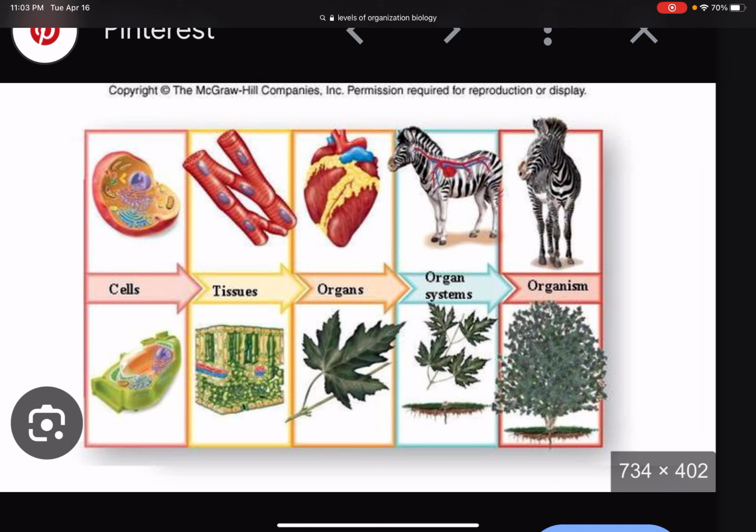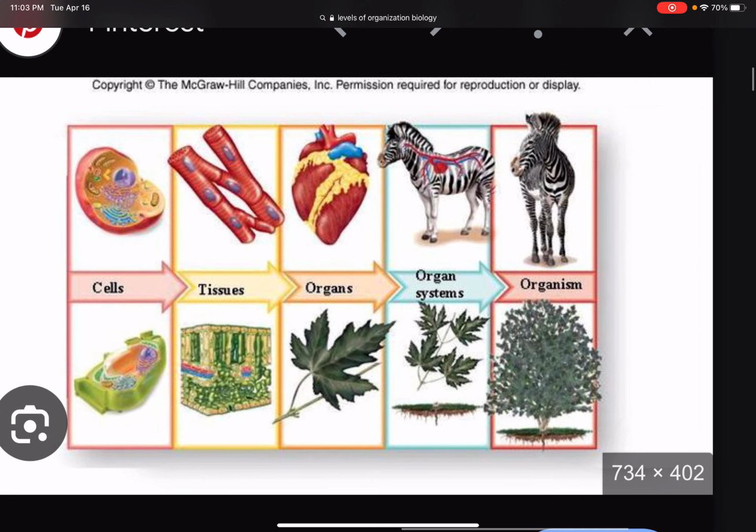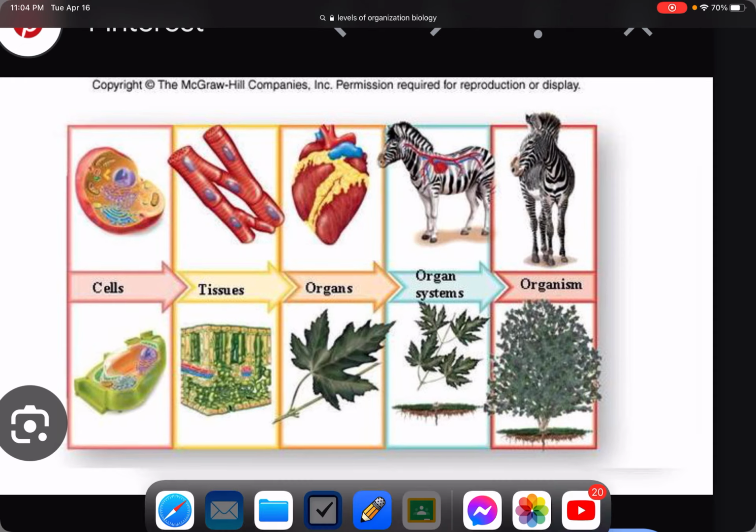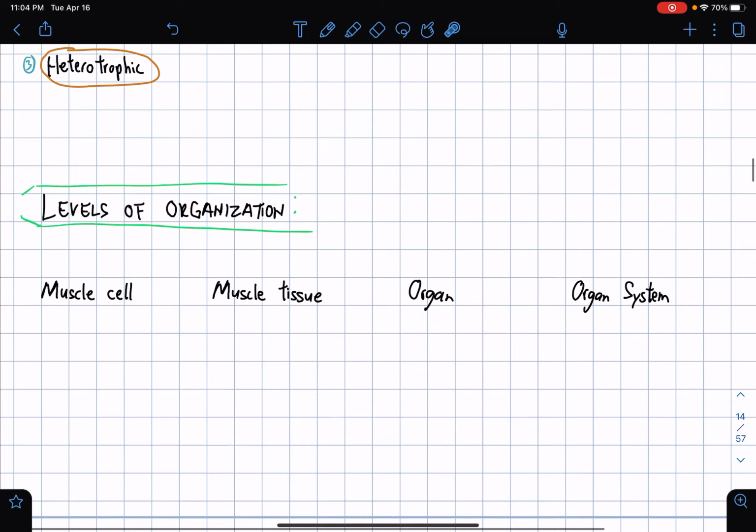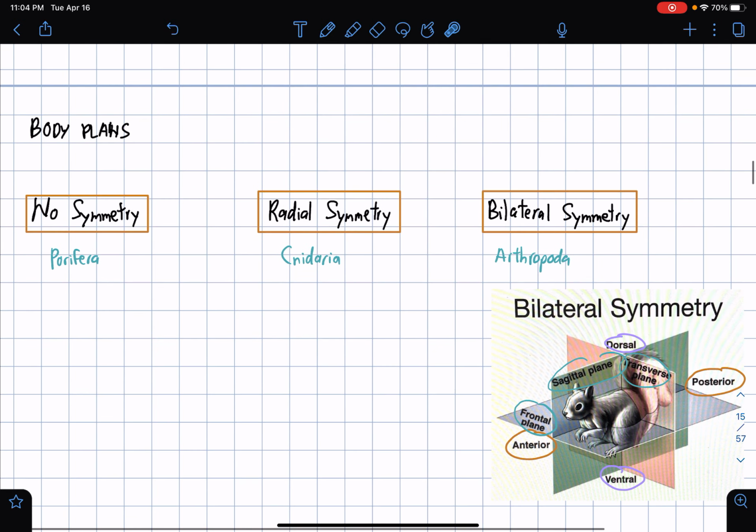These organs constitute body systems. As you can see here, the heart is associated with the cardiovascular system. Aside from the heart, we have the blood vessels. So that's what it means with the organ system. The organ systems constitute an organism. An organism has many organ systems. We have the urinary system, the endocrine system, the lymphatic system, among many others. So yeah, that's for levels of organization.